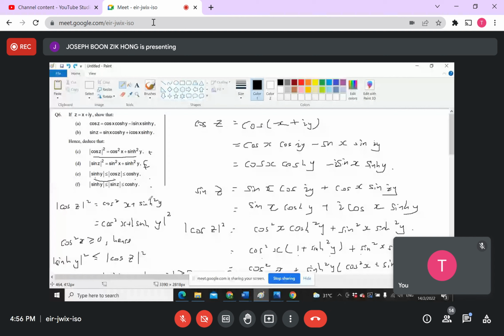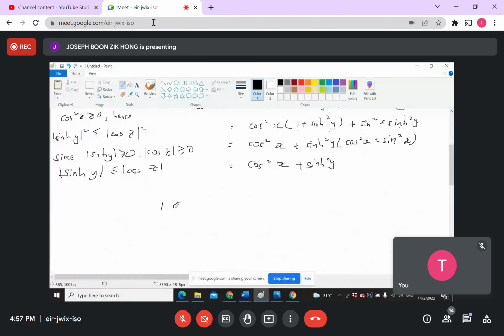Okay, I use this one. I directly do this one. Okay, so I know that my cos x is always in between -1 and 1.